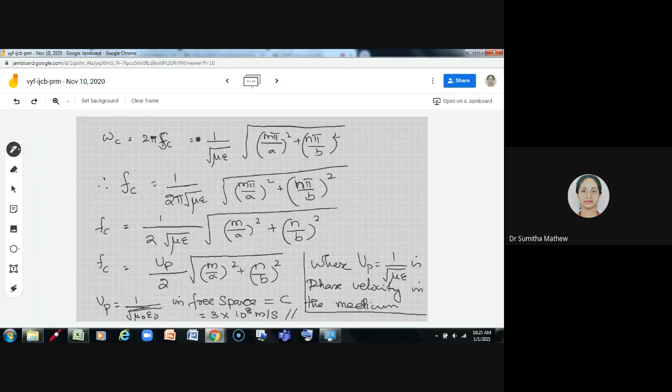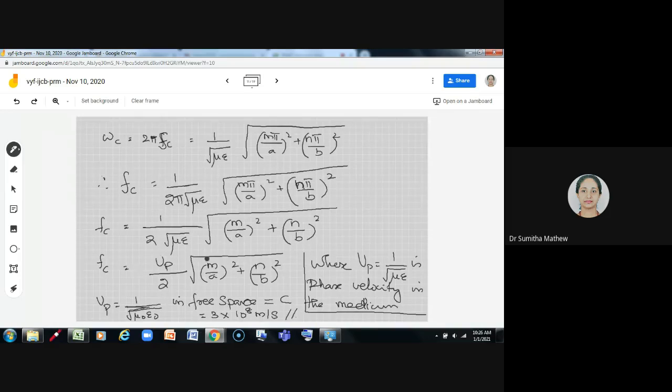Okay. So here again omega c, as you know, is angular frequency. It is equal to 2 pi into fc, where fc is the actual frequency in hertz. Omega c means you have to always multiply with 2 pi. So 2 pi fc equals, once again we write the expression, 1 by root of mu epsilon into root of (m pi by a) whole square plus (n pi by b) whole square. Fc is equal to, you take this 2 pi here, 1 by 2 pi root of mu epsilon into this part, and cancel out the pi from the denominator and the numerator, so that you get fc equal to 1 by 2 root of mu epsilon into root of (m by a) whole square plus (n by b) whole square.